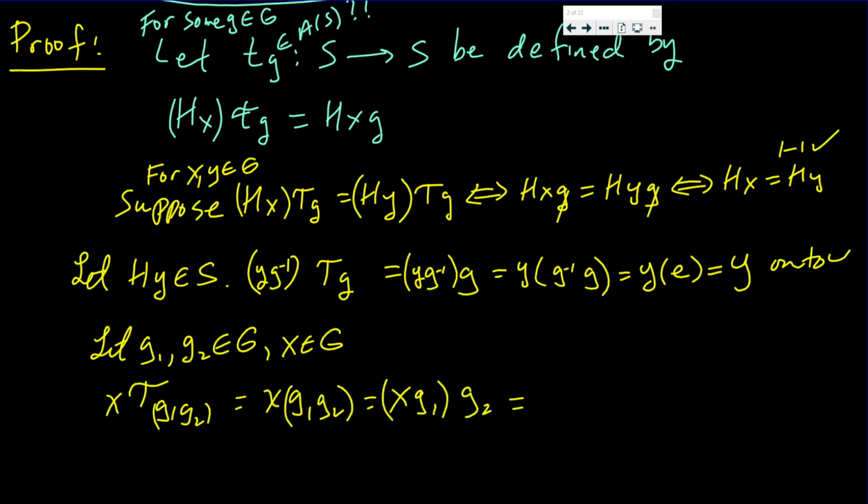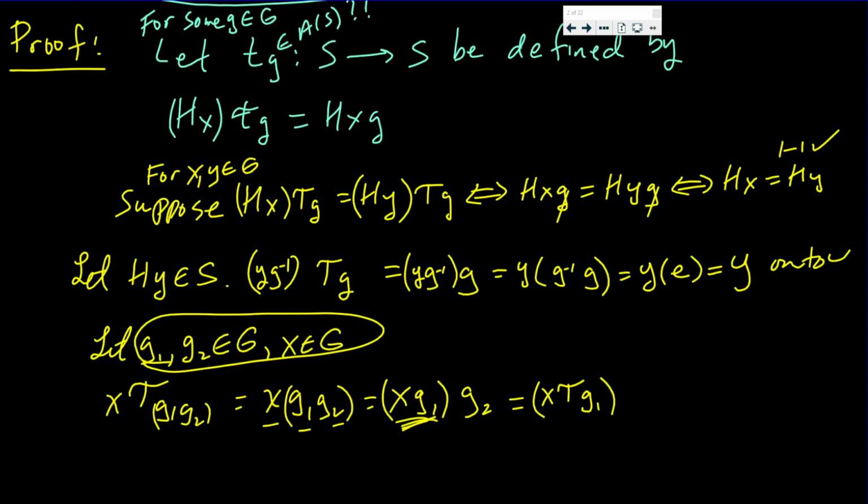Those three elements x, g1, g2 are all in the group G. Associative law follows. This here is nothing more than Hxg1, which is an element in G, and I'm multiplying it on the right by g2. That means it's this element acted on by tau g2.